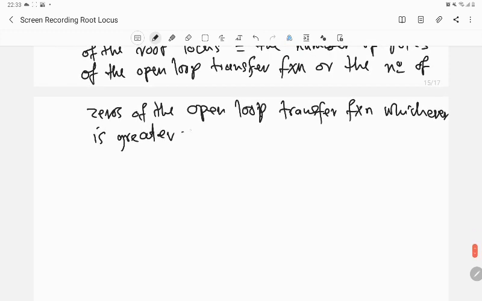I think you can easily derive this from the expression we came up with earlier.